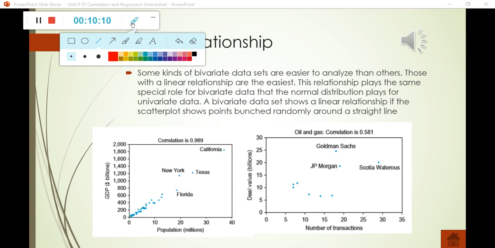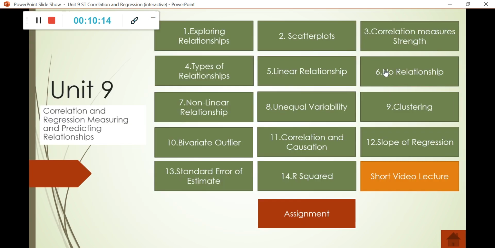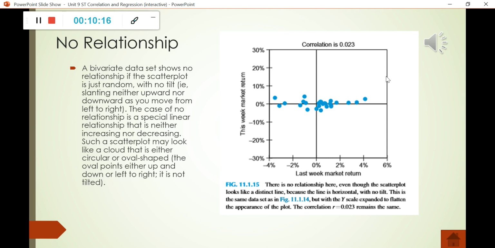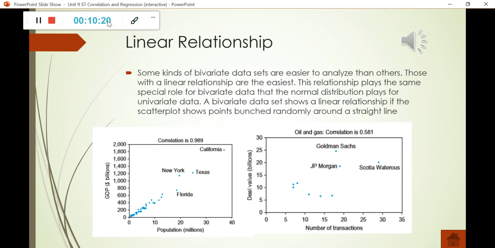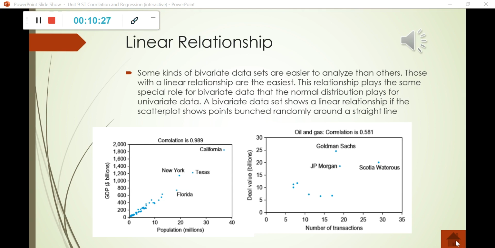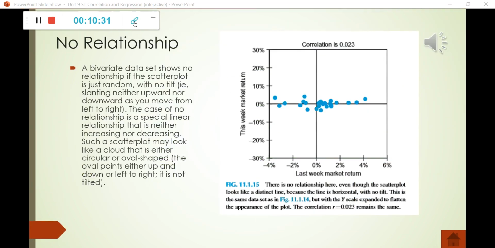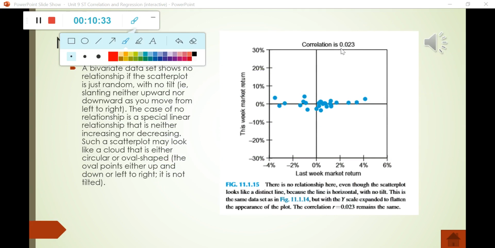Now, let's look at the next one: no relationship. No relationship is also very easy to measure. In this case, we have a correlation that is 0.2, which is very low.